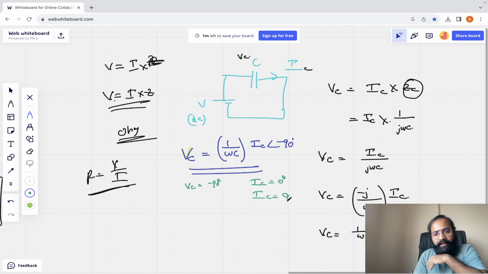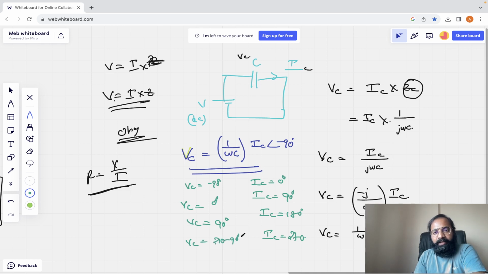If your IC is 90 degrees, then your VC is equal to 90 minus 90, 0 degrees. If your IC is 180 degrees, then your voltage across the capacitance will be 180 minus 90, that is 90 degrees. If your IC is 270 degrees, then your VC will be 270 minus 90 degrees.